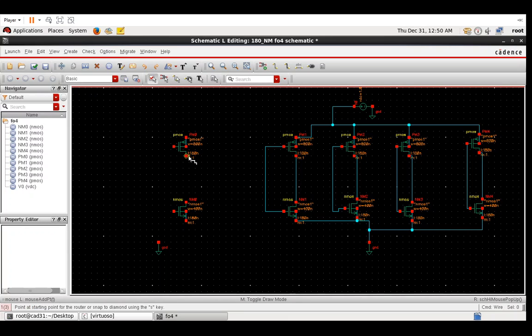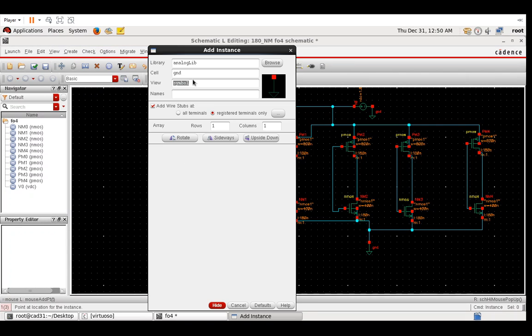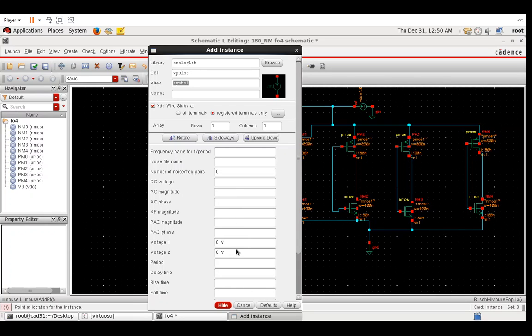And the connections here, you can use the same VDC, I don't need another one. And this becomes the input, this goes to the ground, and for the input of the first one I need a V pulse.